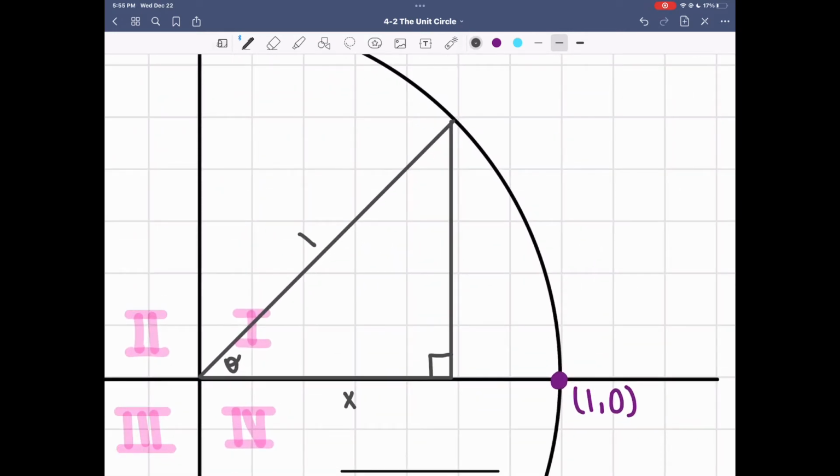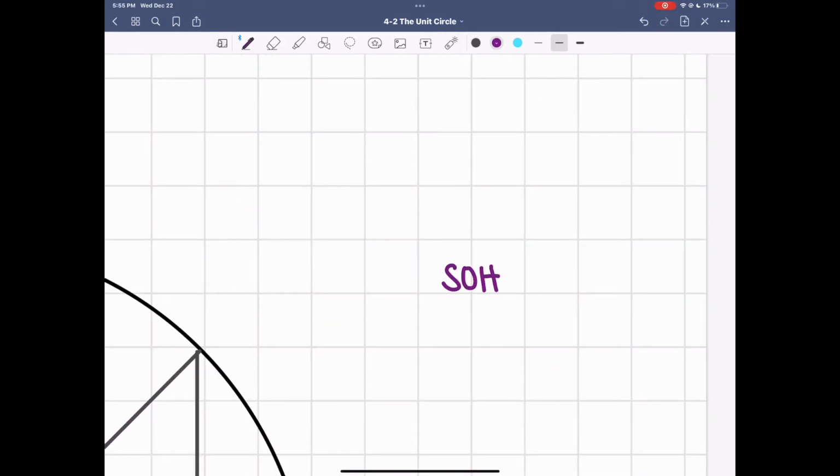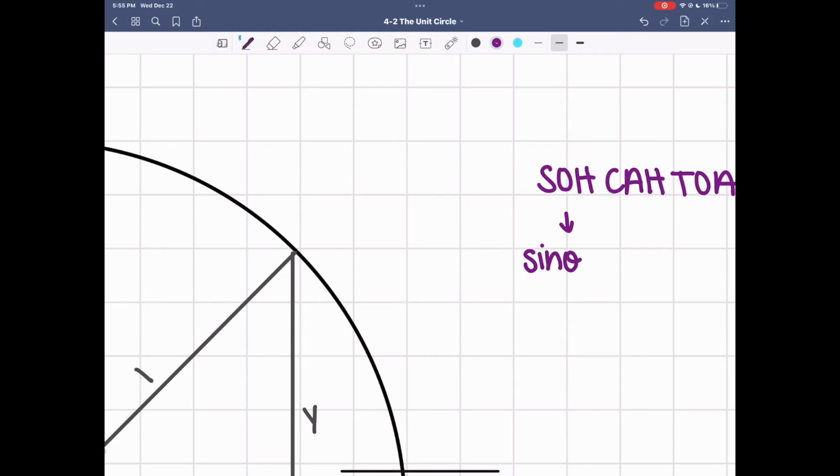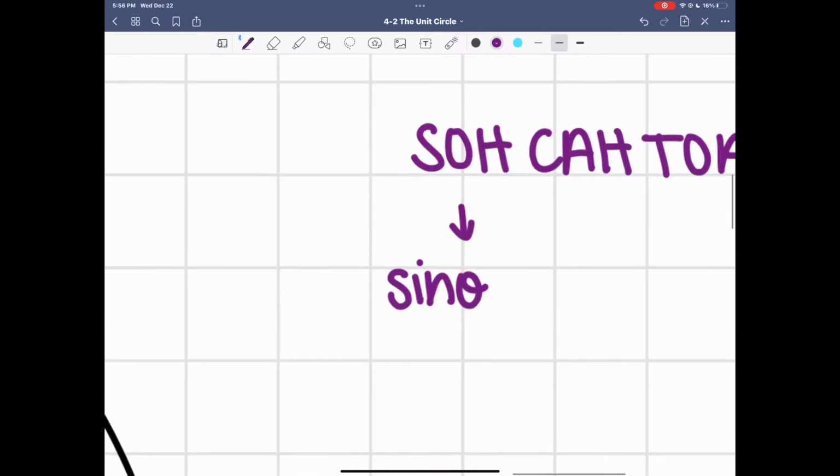So now we could label the base of the right triangle as x and the leg as y, and we could look back at SOHCAHTOA, and by doing so we could figure out that sine of theta is going to be opposite over hypotenuse, which is just y over 1, which obviously equals y.